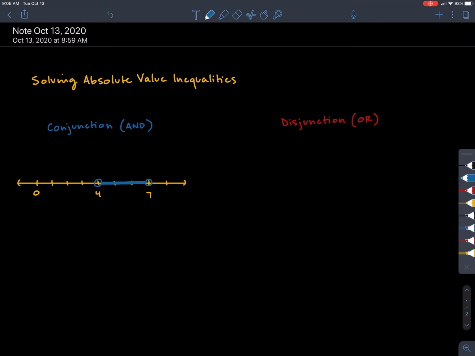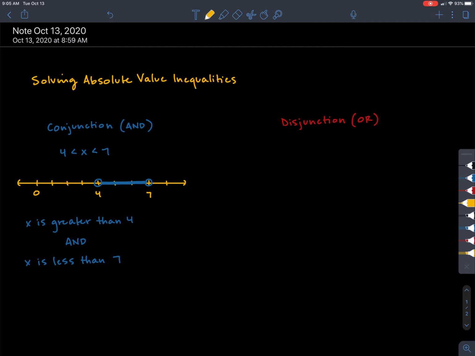And so we would say that x is greater than 4 and x is less than 7. The inequality that I would write for that is 4 less than x less than 7.